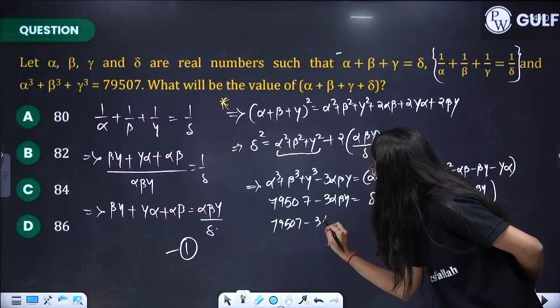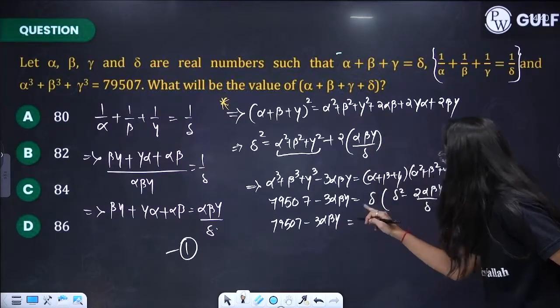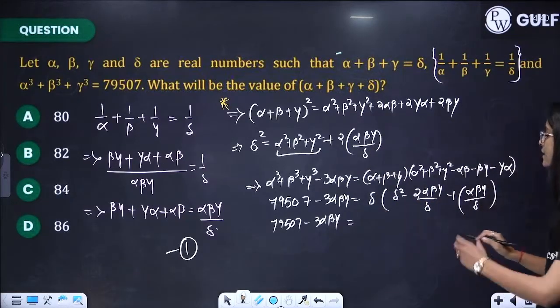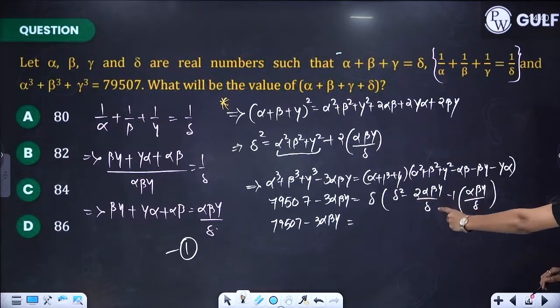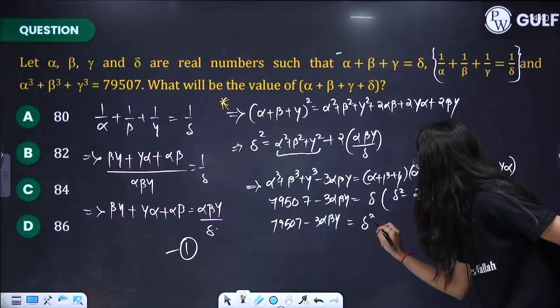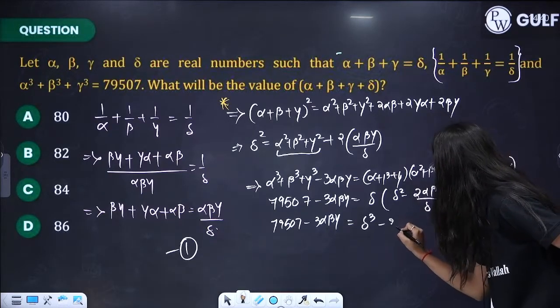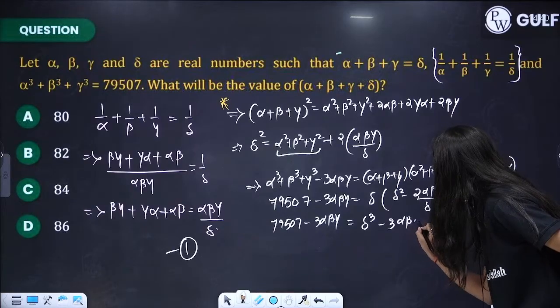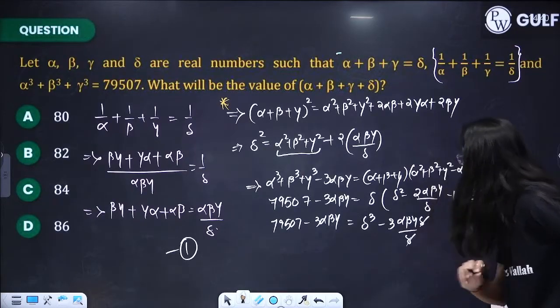79507 minus 3 alpha beta gamma is equal to, multiplying delta inside the bracket, also minus 2 alpha beta gamma divided by delta and minus 1. Minus 2 minus 1 gives you minus 3. You will obtain delta cube minus 3 alpha beta gamma delta by delta. Delta gets cancelled out.